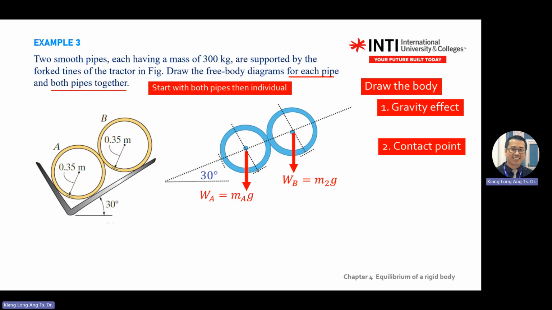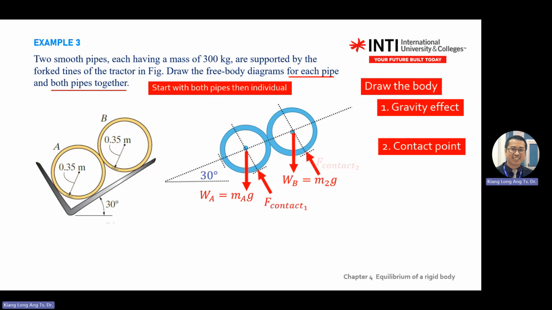Okay, so label properly. If this is object A, you write W sub A equal to M sub A g. W sub B equal to, sorry, it should be B, M sub B g. Because inside here, there's no A. Here only has B, so write M sub B g. Or you write somewhere in your answer, M equal to 300 kilogram.